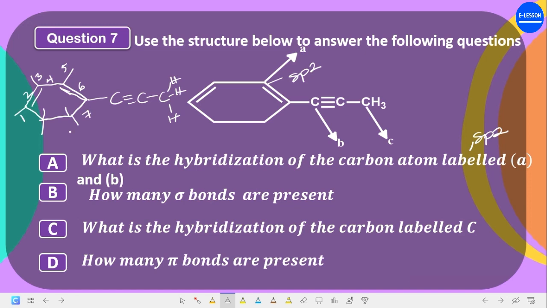Then here is 7, 8, 9, 10. Then we have 11, and then here is 12. Here is 13, 14, 15, 16, 17, and finally what? 18.